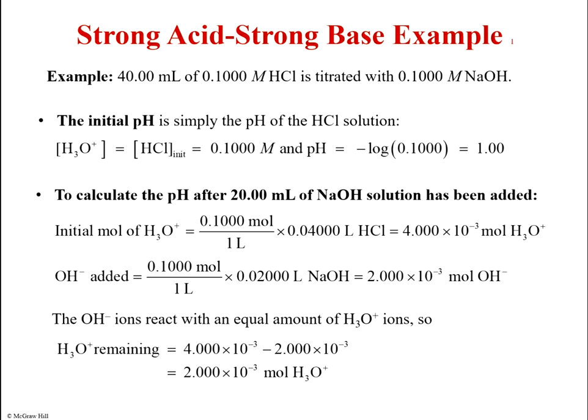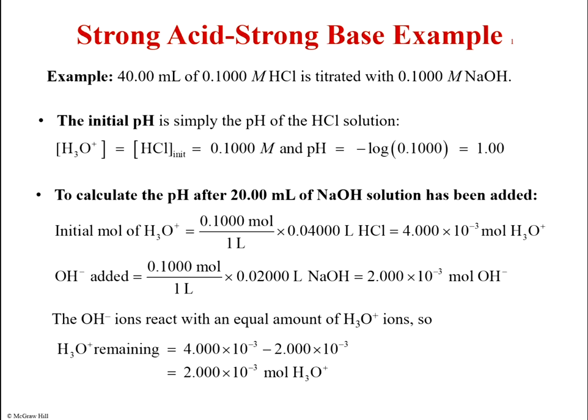After we've added 20 milliliters of sodium hydroxide to this solution, we can see our calculation here. We calculate our initial moles of hydronium, which is 4 times 10 to the minus 3 moles. We calculate the hydroxide we've added at 20 milliliters, which is going to be 2 times 10 to the minus 3 moles of hydroxide. So now the excess hydronium will be the starting value, 4 times 10 to the minus 3, subtracting off the hydroxide which is added, 2 times 10 to the minus 3.